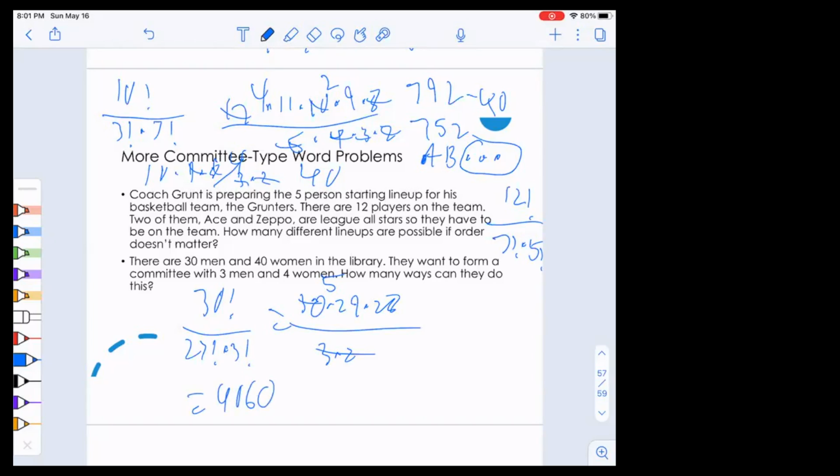And now we need to choose 4 from 40 for the women. So 40 factorial over 36 factorial times 4 factorial.